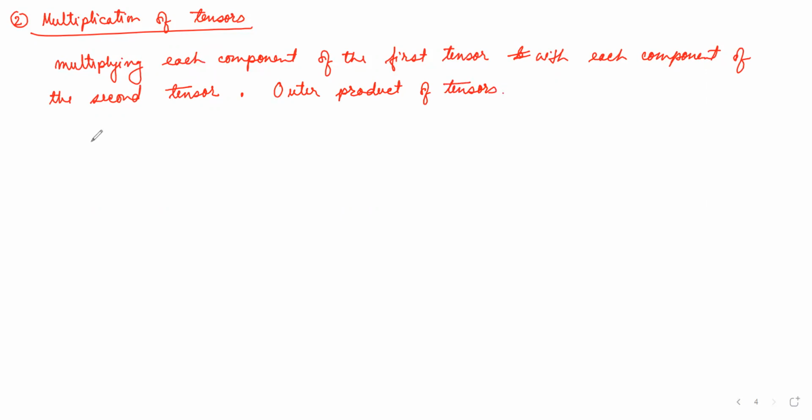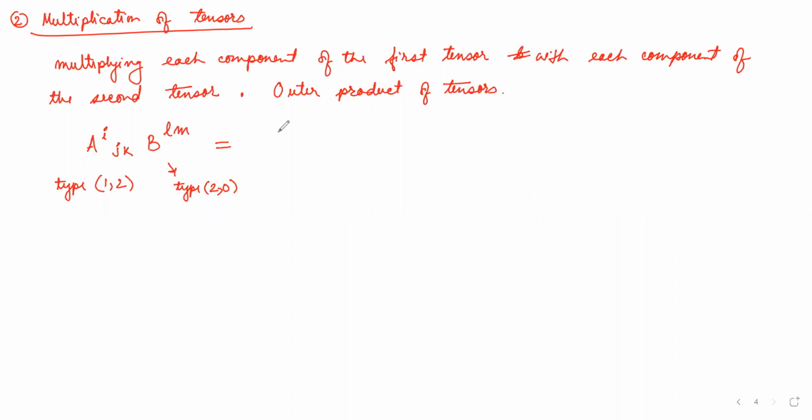For example, let us look at one tensor, A^i_jk. This is a tensor of type 1, 2. Now, if I multiply this tensor by another tensor, B^lm, which is of type 2, 0, then I'll get another tensor.